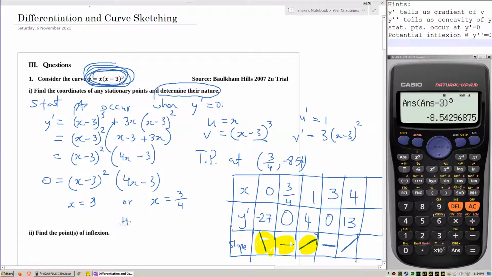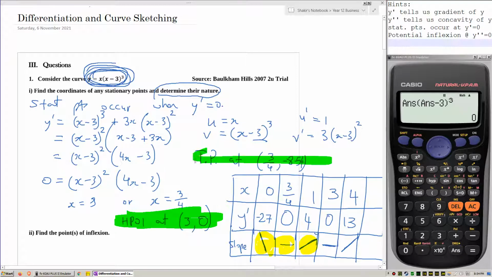So horizontal point of inflection at 3, comma, I'm just going to sub 3 in. 3 equals, upstairs equals, and it's 0. So 0. And so do I have stationary points? Yes, I have 2 stationary points. Okay. And their nature, what is their nature? Well, there's a turning point when x is 3/4, and there's a horizontal point of inflection at (3, 0).